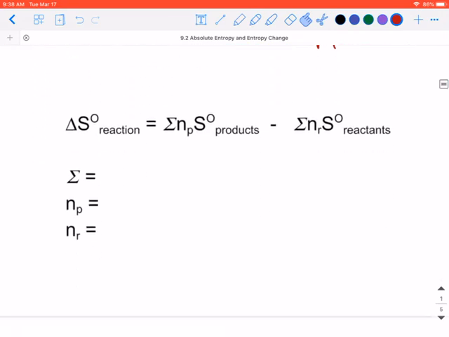Hopefully this equation looks familiar to you, because this is the same equation that we used when we were calculating the standard change in enthalpy. So remember this little degree sign here? That is our representation of standard, just saying that these entropies were calculated or measured at standard conditions.